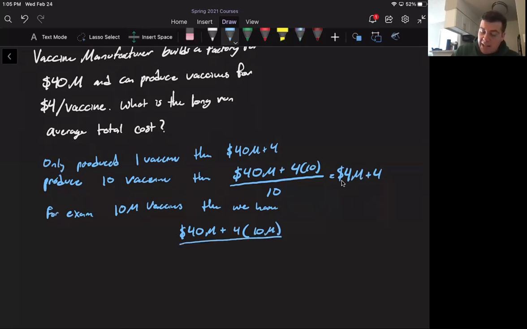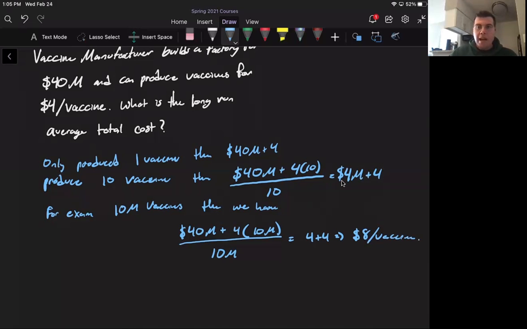And we're going to split that into the number of vaccines that we produce. So we'll put the cost onto 10 million people. Now, all of these millions cancel out, and we're left with 4 plus 4, or $8 per vaccine. So that's a lot cheaper.